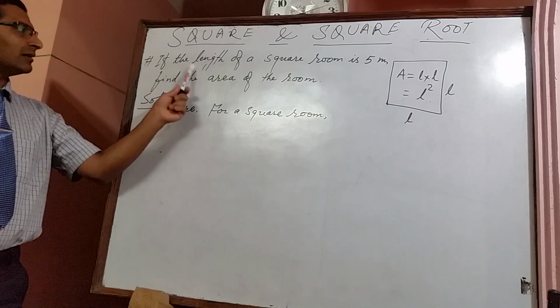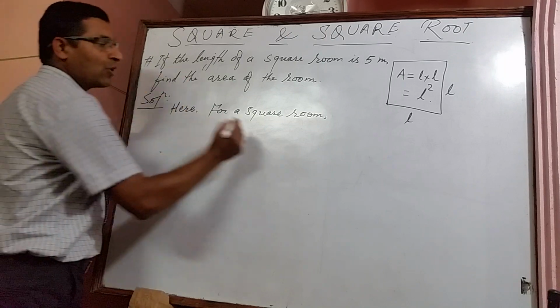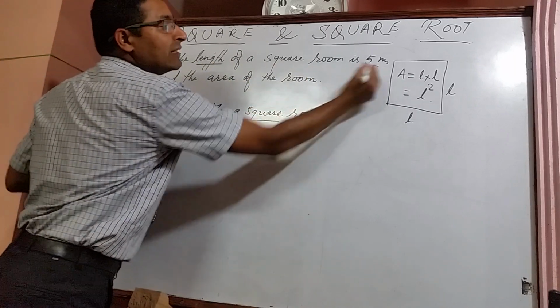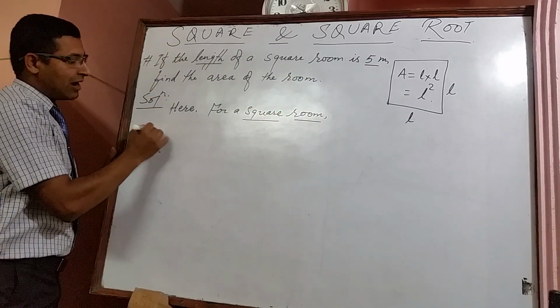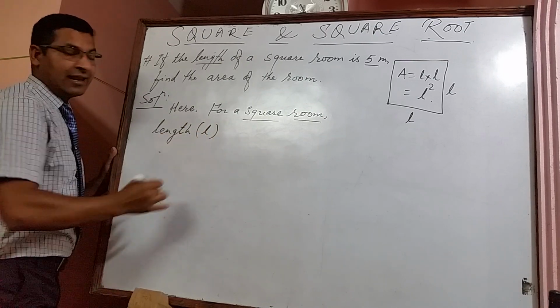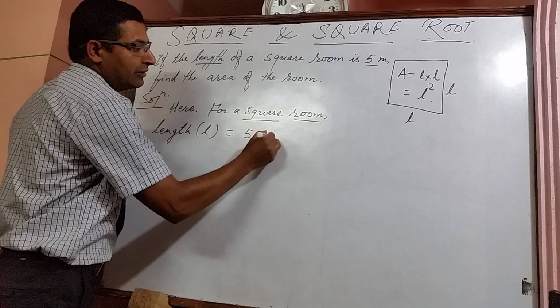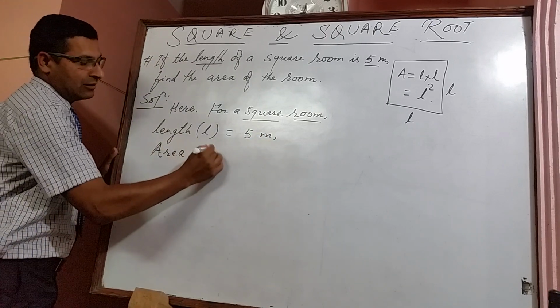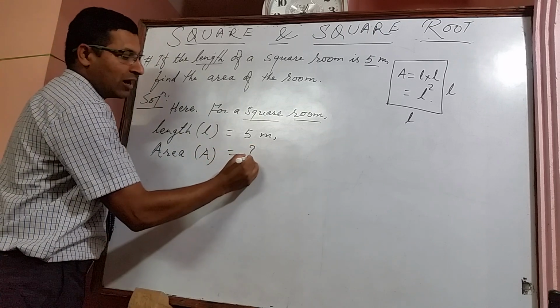So this question says that for a square room, the length of the room is 5 meter. Therefore we can write length, suppose this is L, equal to 5 meter, and we have to find the area. We suppose A.